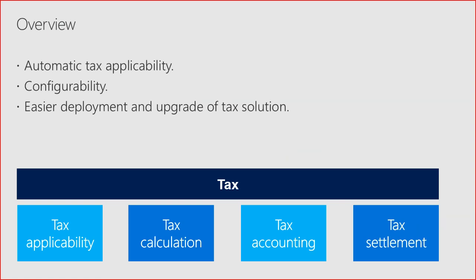There's a lot of flexibility there. If you think the applicability rule is not suitable for your business, you can easily change it by changing the configuration without any code change. That is the configurability I'm talking about.